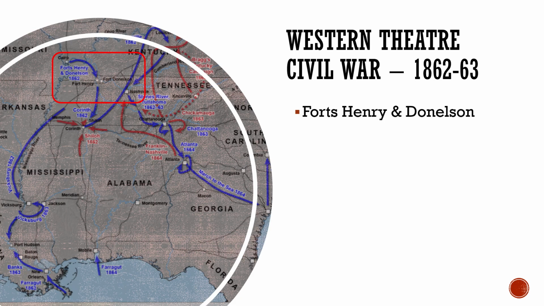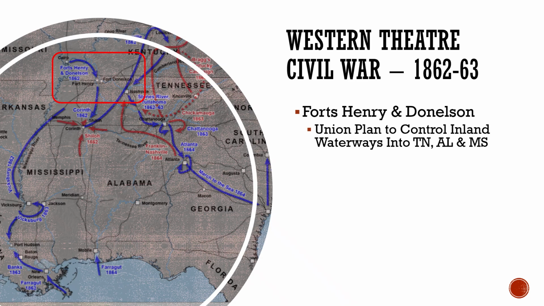In the Western theater in the Civil War between 1862 and 1863, we have Forts Henry and Donelson, which were very big victories for Grant. He gained quite a bit of notoriety for those wins. Basically, the Union plan was to get control of the inland waterways into Tennessee, Alabama, and Mississippi.